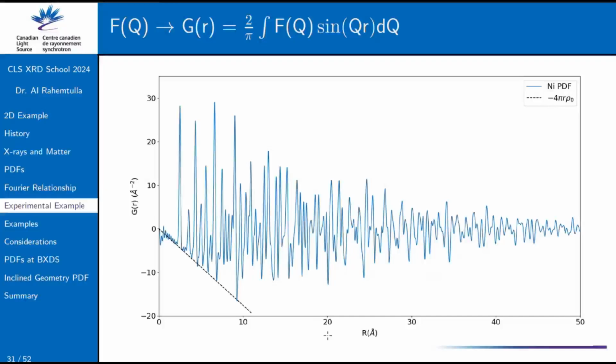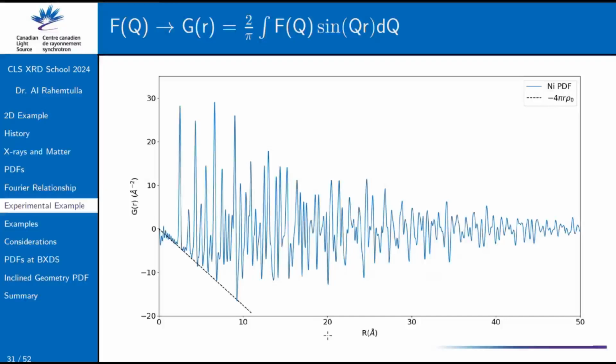So the strength of these peaks is going to be related to the Z of the principal atom and the secondary atom. If you're looking at nickel-nickel, I forget the number of electrons in nickel, if anyone knows, it's going to be that squared versus nickel-hydrogen or something like that.